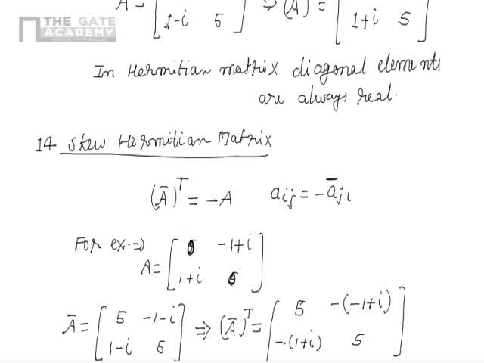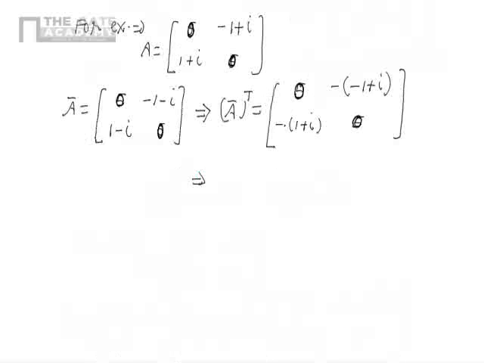If this element would have been zero, then A bar transpose can be written as minus times of 0, minus 1 plus i, 1 plus i, and 0. So you can see this matrix A is equal to A bar transpose minus times.